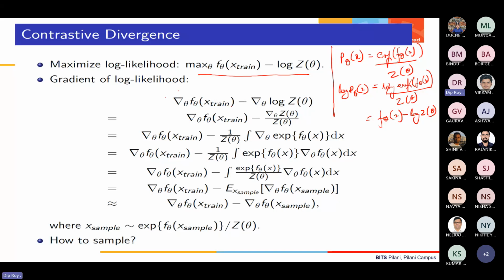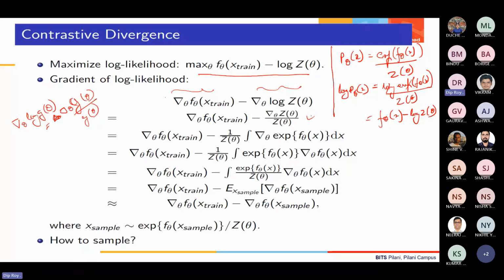So we take the gradient of this term. We take the gradient of this term. And obviously, from standard calculus, you know that this is exactly what has happened here.